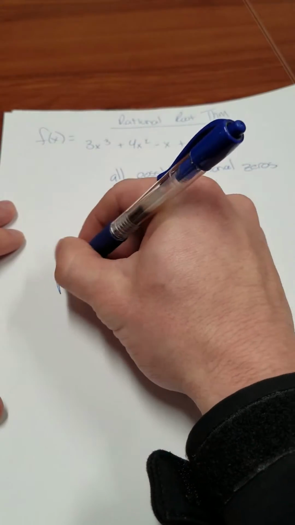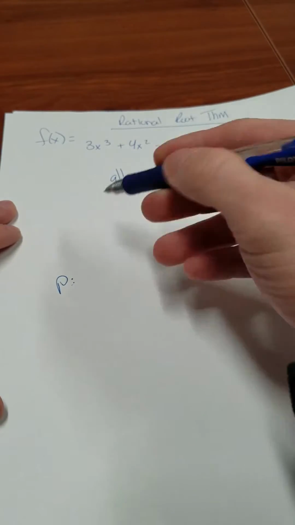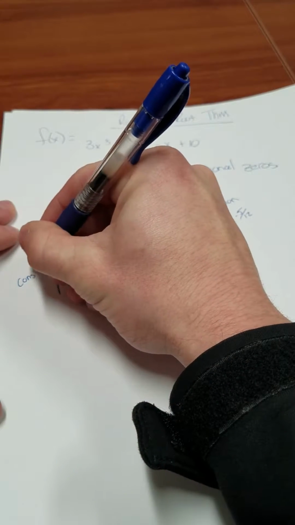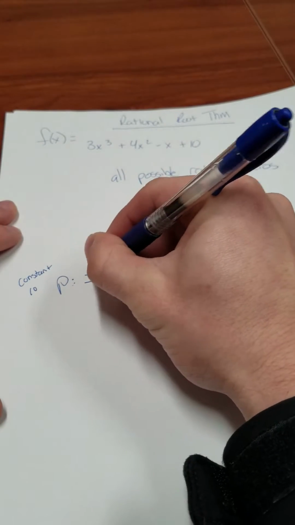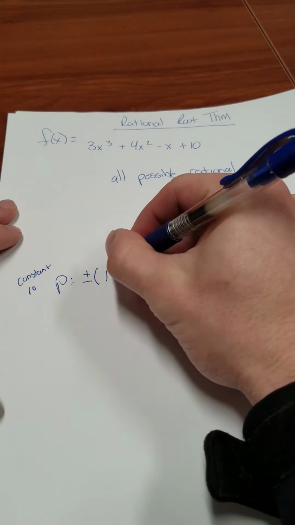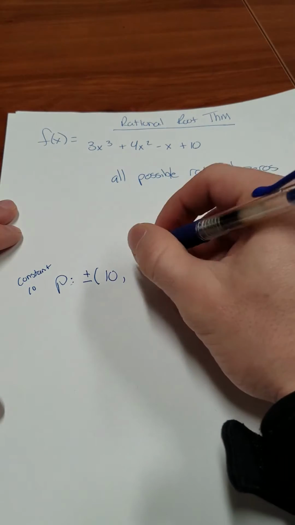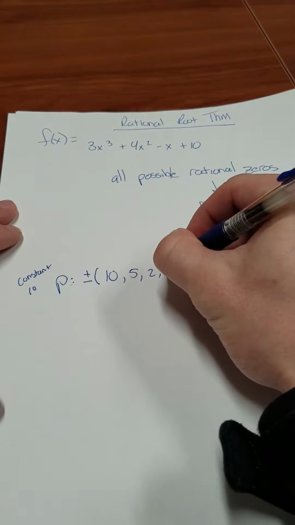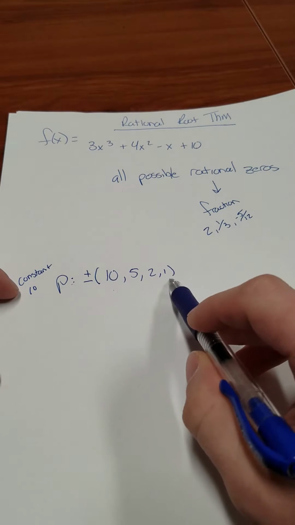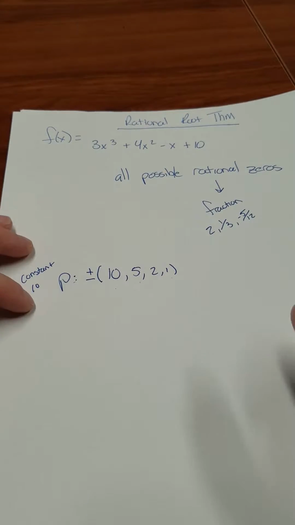First of all, we start off with P. P is going to be all factors of the constant term. So anything that multiplies to give us 10. So I put a plus or minus out in front, and then anything that multiplies to give 10. Well, that is 10, 5, 2, and 1. Those are the things that multiply together to give us 10. 10 times 1, 5 times 2.